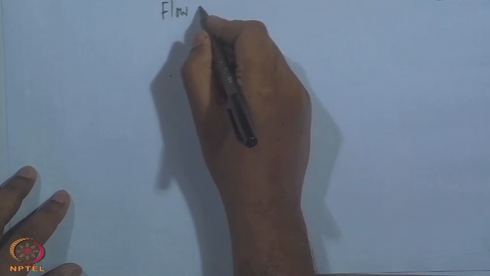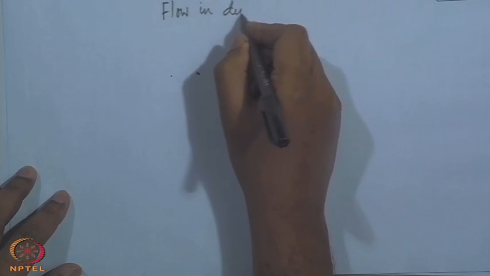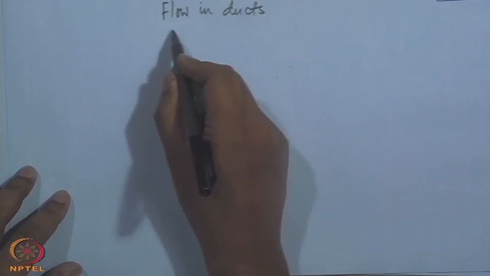The first condition that we will use is that the tube is of varying cross section, that is the flow in duct problem. The flow in ducts.